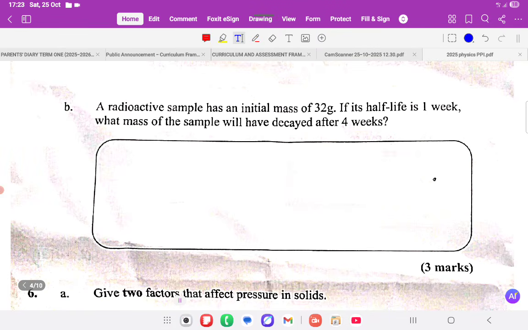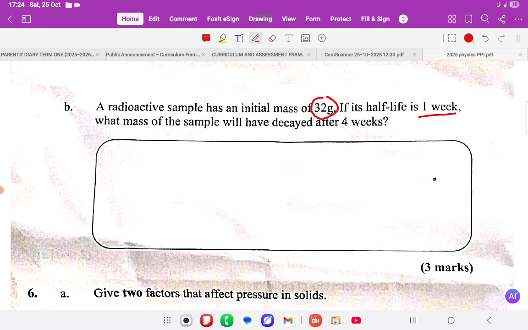So that's basically it. A radioactive sample has an initial mass of 32 grams. If the half-life of the sample is 1 week, what mass of the sample will have decayed after 4 weeks?